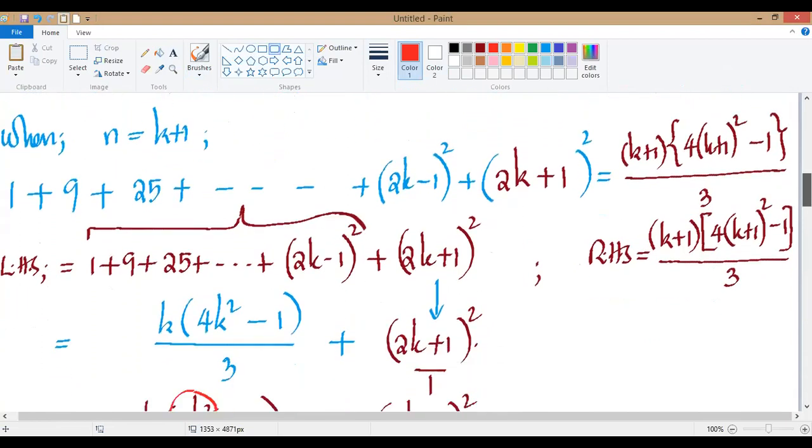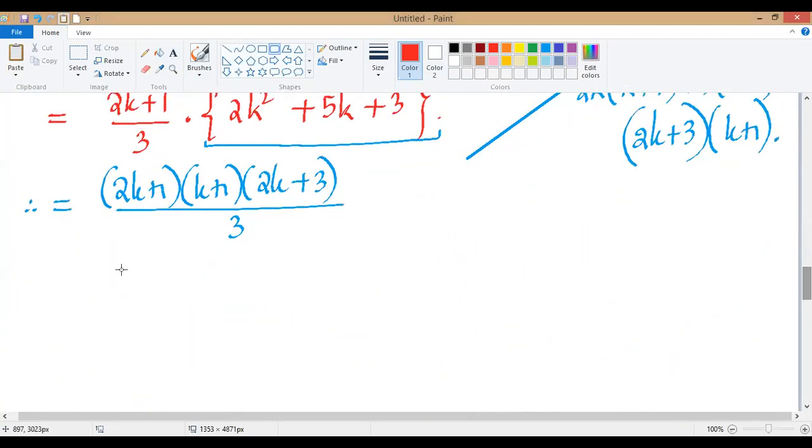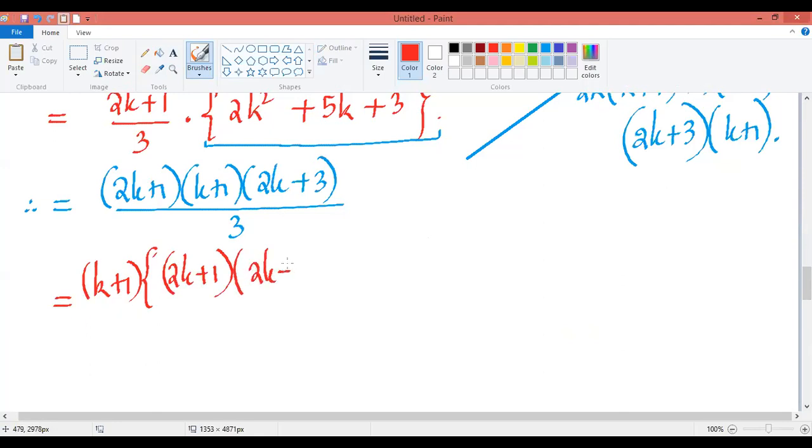So the k plus 1 is the one out in the statement we want to get. So I can write k plus 1 out. That means these two, when you multiply, they give us what we have there in the bracket over 3 weighting.